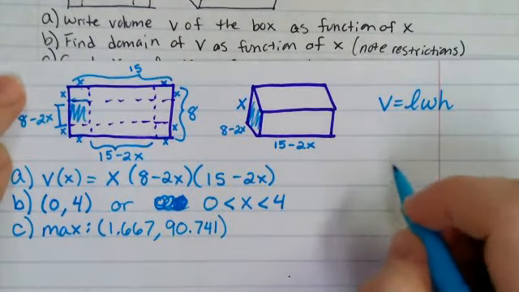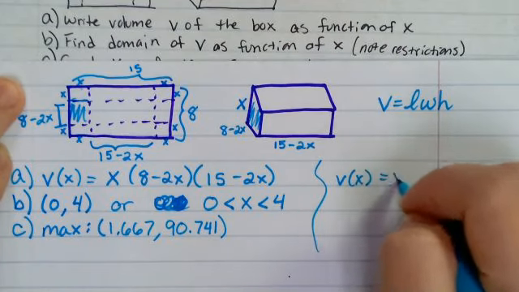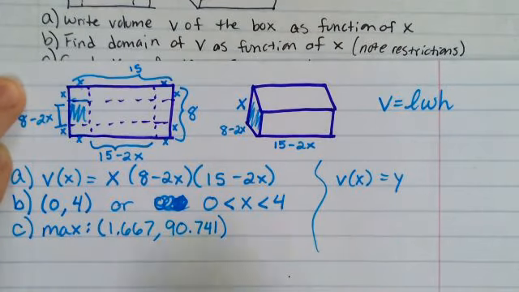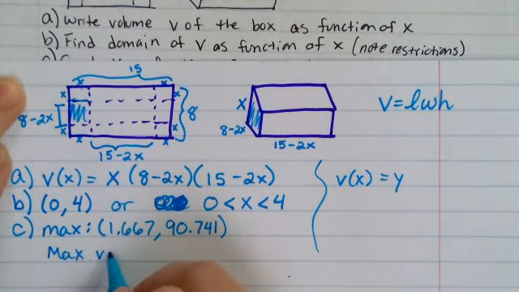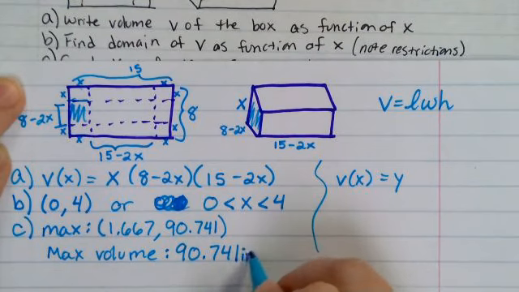So what I want you to notice here, my volume, that is my y. So when I'm trying to find my maximum volume, I want my y value. So max volume would be 90.741, and this is inches cubed. Okay?